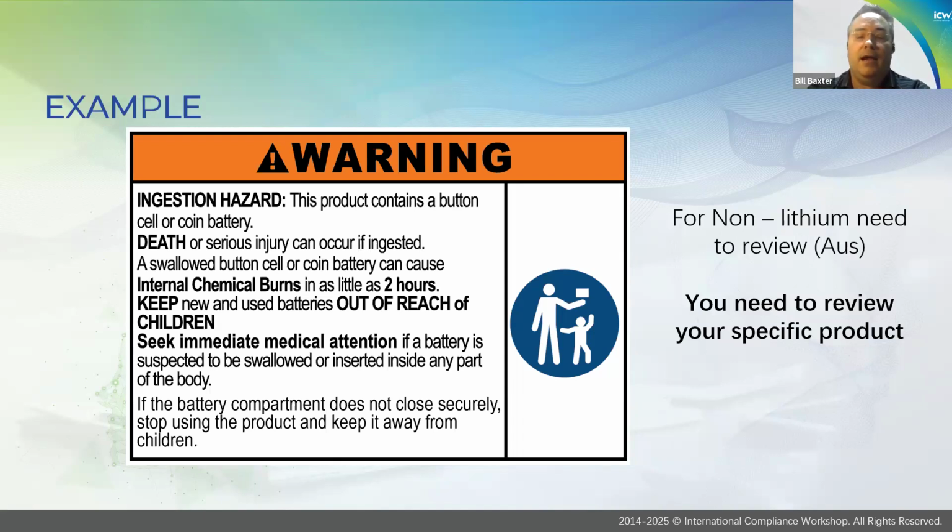And I fully expect that there's going to be a greater push for button cell warnings to appear online. I haven't noticed that so far, but as good practice, it's the kind of thing that we want to make more people aware of, the dangers of button cells as button cells become more prevalent.